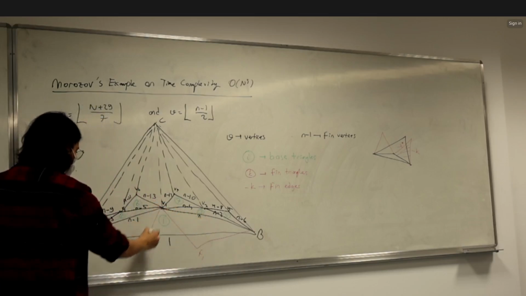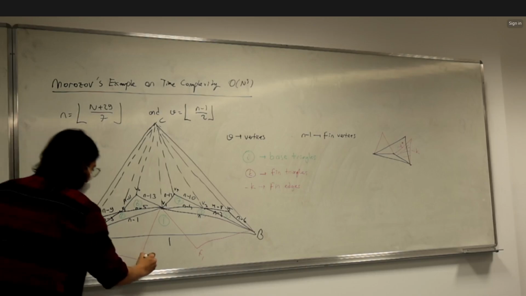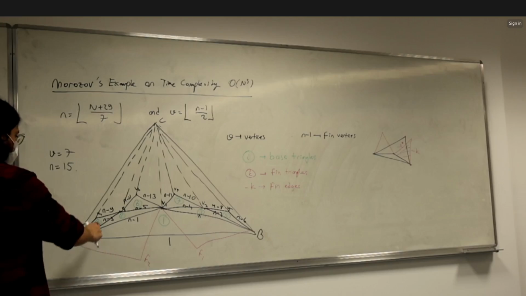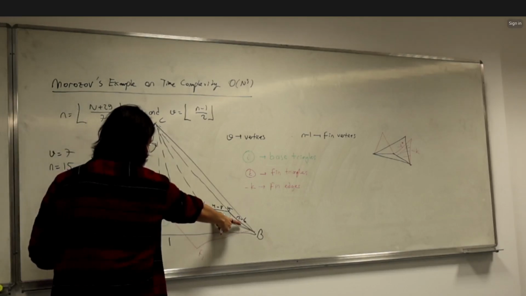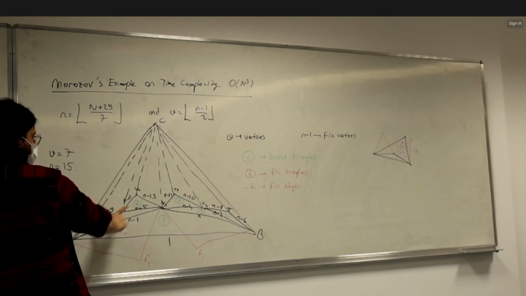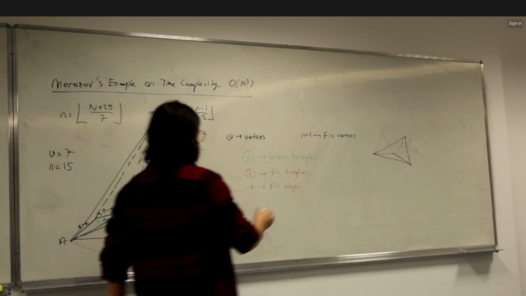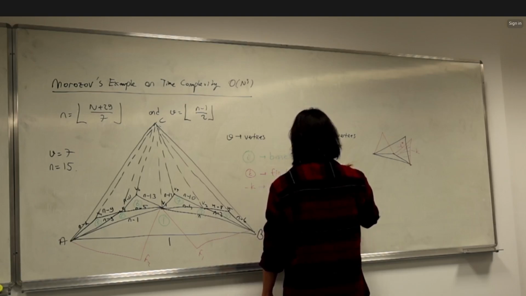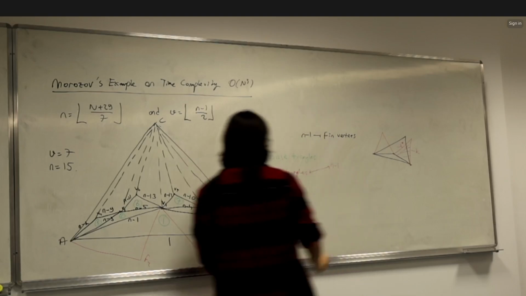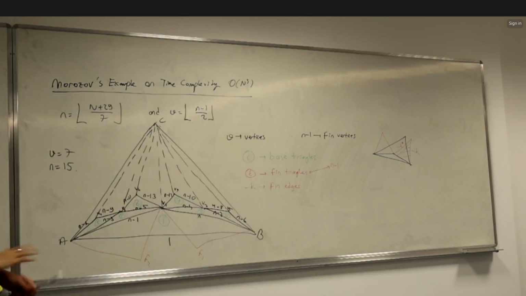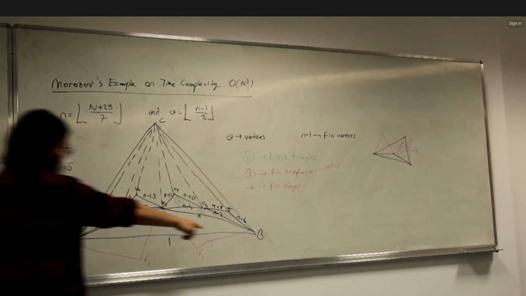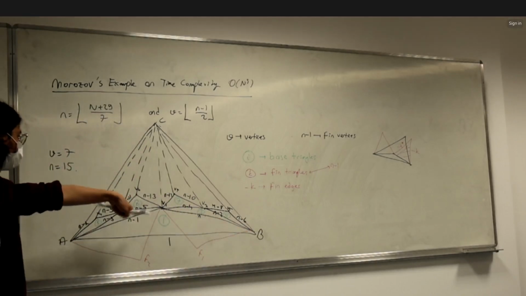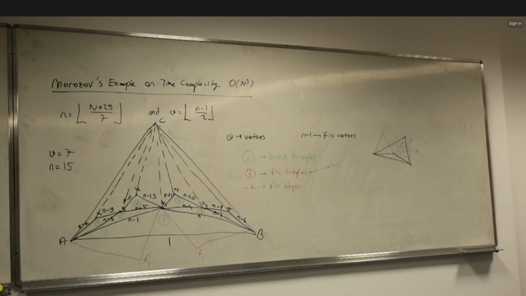Here we put the second one, since 2 plus n minus 1 is n plus 1. Then here we will have the third one, the fourth one, etc. So we will have n minus 1 fin triangles. We don't put one at the AB edge, only the edges inside the triangle.